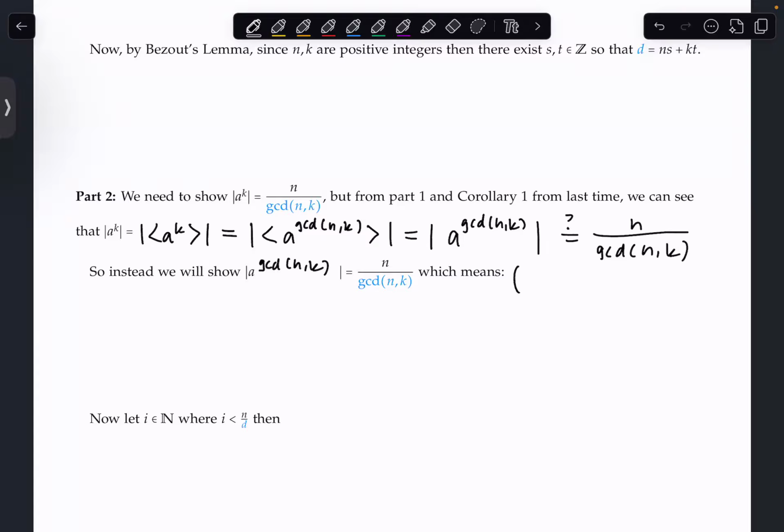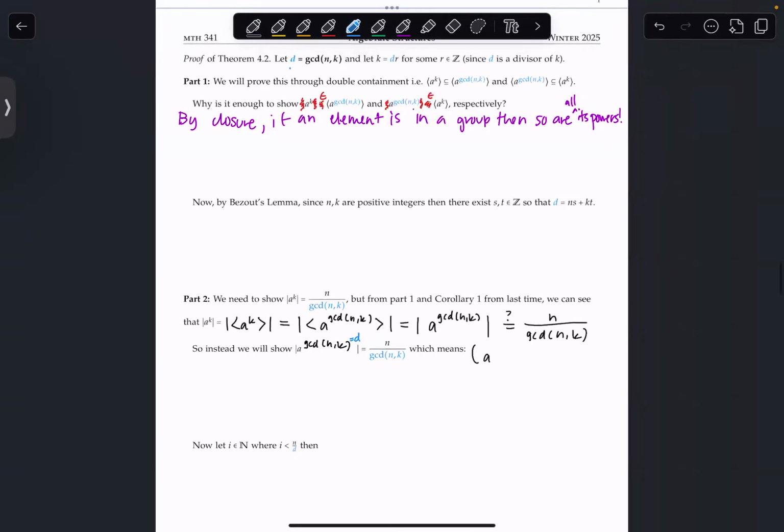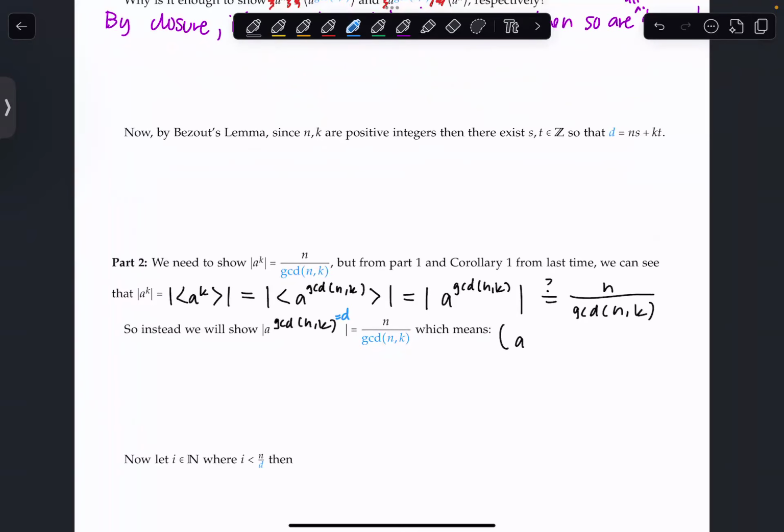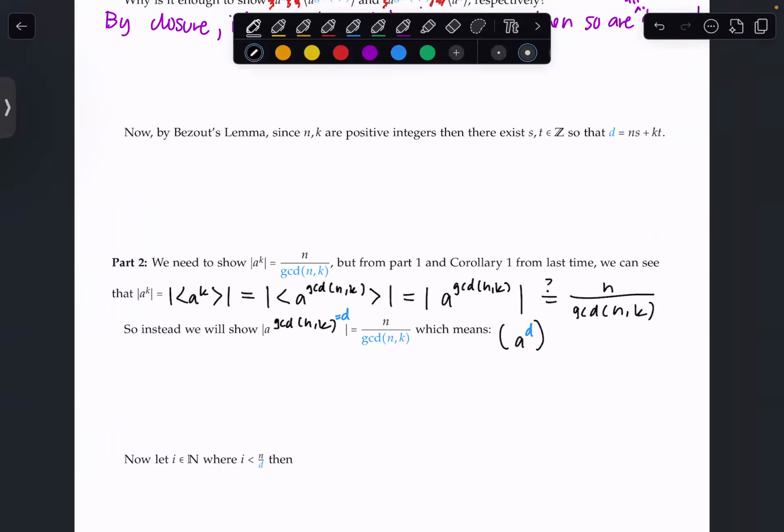Okay, and I'm going to rewrite a piece of this. We're not going to do the proof of this. I'm just going to set this part up. I'm going to call this GCD of n and k. This is the number d. This is the part I wrote up here that we ignored, just to make it easier for us to write. This is really saying if I take this element a to the d, I want to be able to raise it to n divided by that same number and show I get the identity.